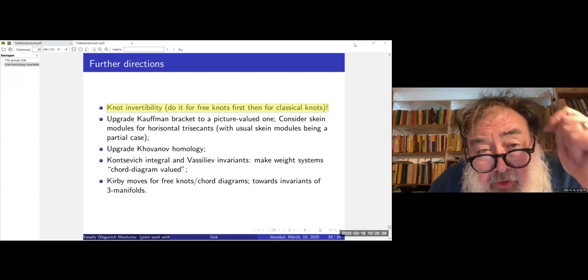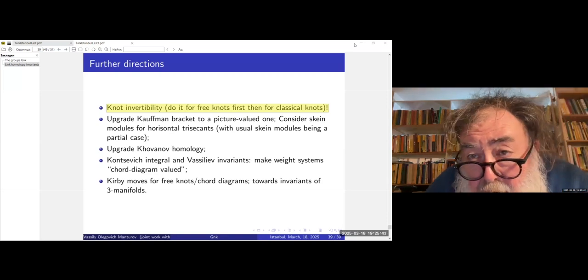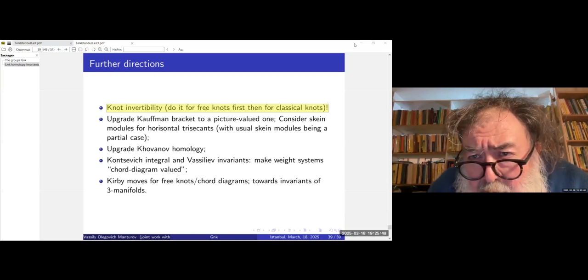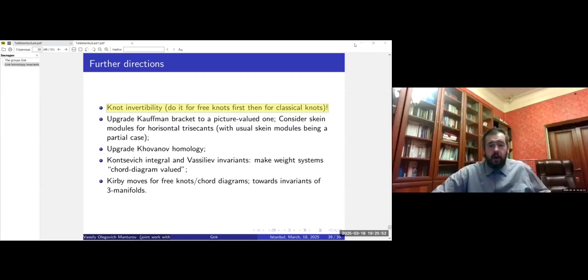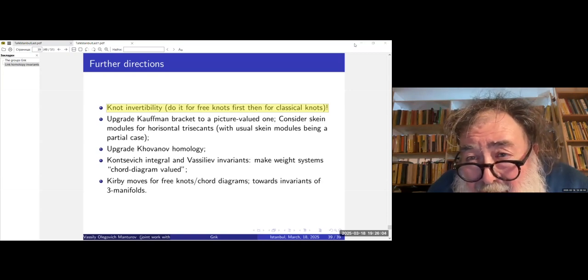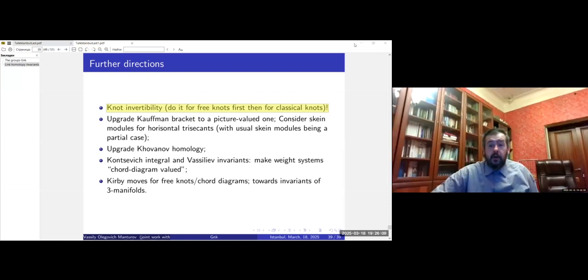Is the group that you introduced, G and K, related to Drinfeld's Grothendieck-Teichmüller group? I don't know. Drinfeld's group is basically like an absolute Galois group kind of thing. Frankly speaking, I don't know.